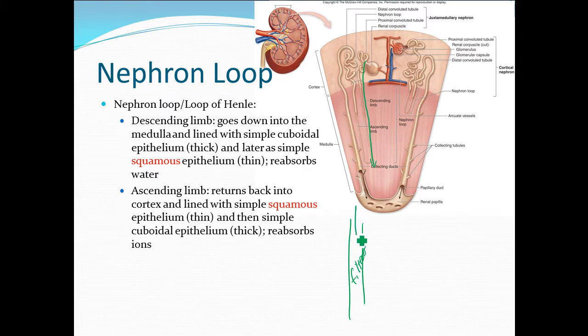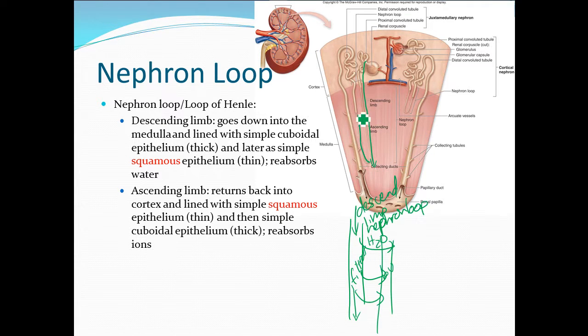Okay, this is the descending limb of the nephron loop. And just say this is a blood vessel here, okay? So water is being reabsorbed, so the filtrate gets more and more concentrated. Does that make sense?